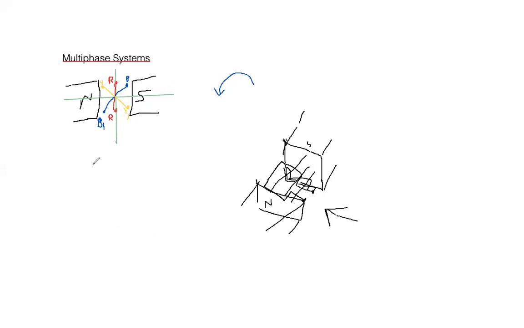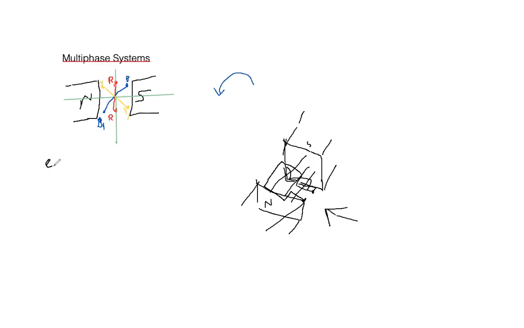So now I want you to see, because in all these coils, we're going to have an EMF being induced in each and every coil. So in the red coil, we are going to have an EMF induced, and that EMF we call it ER.